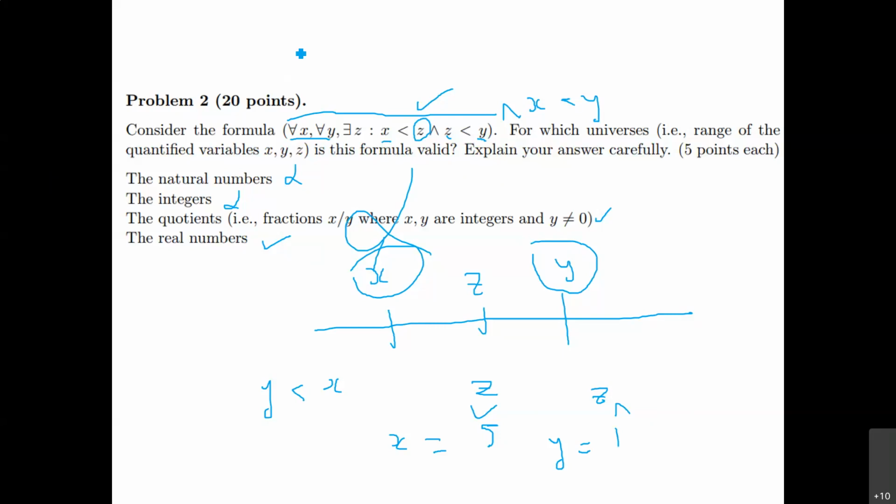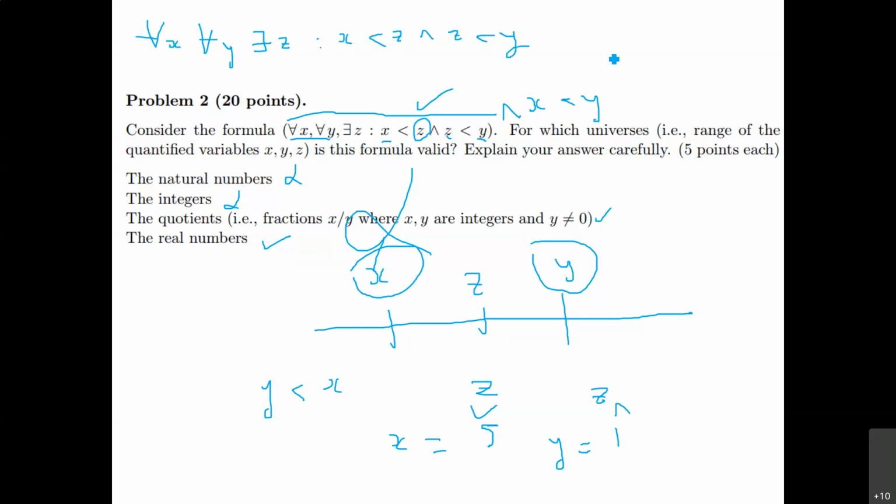Okay. So again, the whole point of this problem is trying to read the formulas as thoroughly as possible. Don't assume stuff on your own. I'll read the formula one more time. For any x, for any y, you can find a z such that x is less than z and y is greater than z.